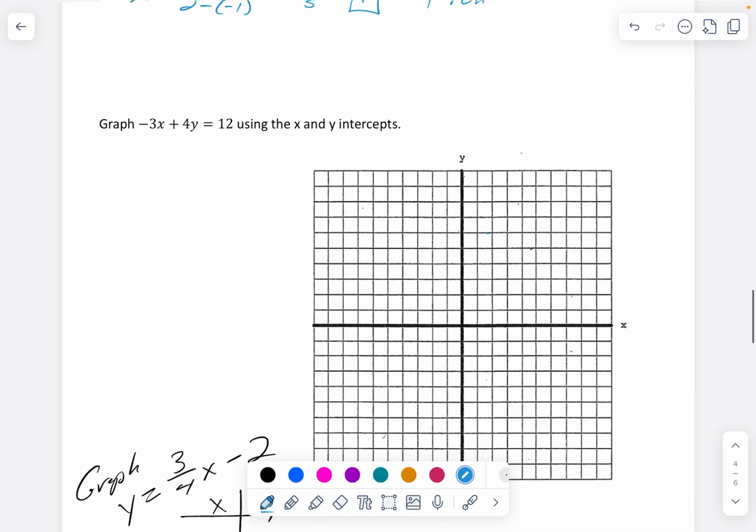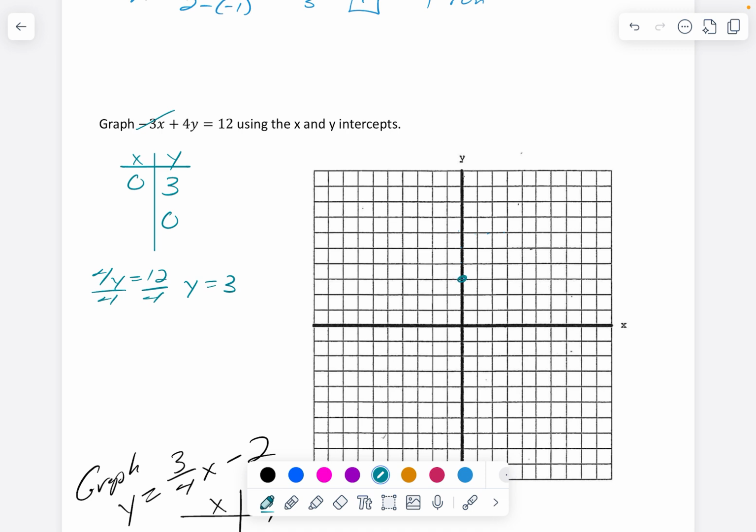Now this is a recap from a couple days ago, where we're going to graph using the x and y intercepts. So remember, for these, we make a little chart, and we let x be 0 and y be 0. When x is 0, we're left with 4y equals 12, and we divide both sides by 4, and we get y equals 3.